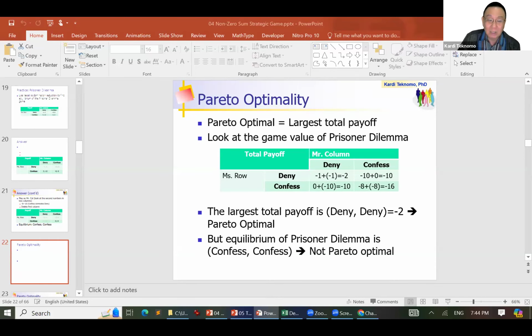So in this case, the Pareto optimal outcome is both cooperating, but the equilibrium is confess. The Pareto optimality for the society is this one, but the equilibrium, the one that you behave, is actually confessing, or betraying each other. So it's not Pareto optimal in this case. This is how the game is designed.